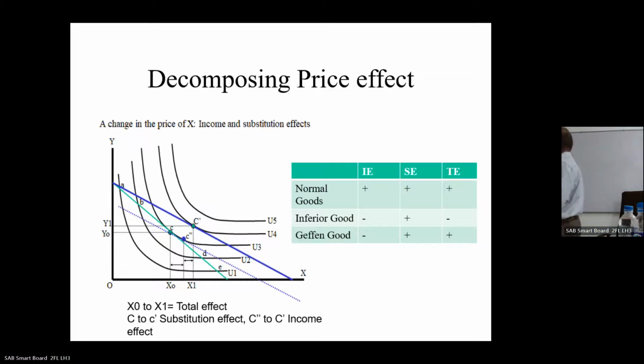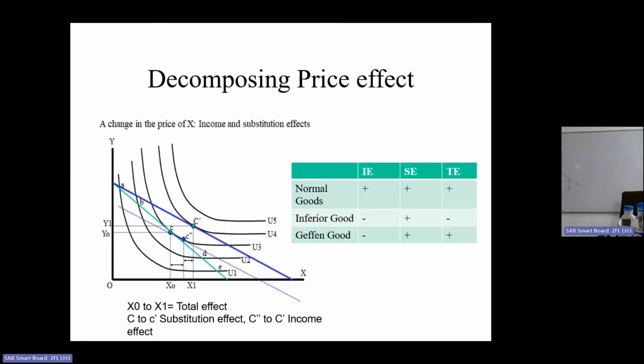At a particular price, we consider all these things, E1, X. At this equilibrium point, there is a price for the product X and the product Y.